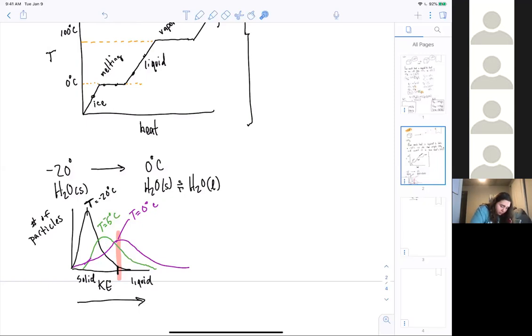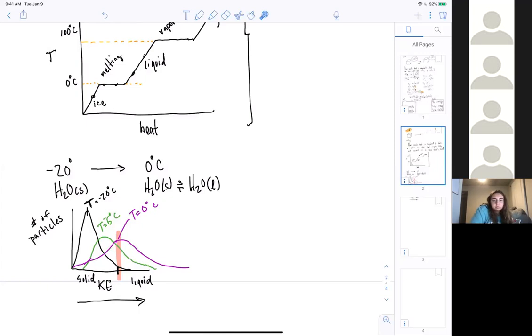When I actually hit this phase transition, the reason the temperature stops going up is because any heat that I put into the system is going to take particles that are in this solid range and move them into the liquid range.